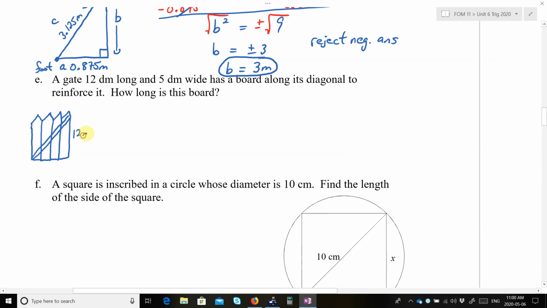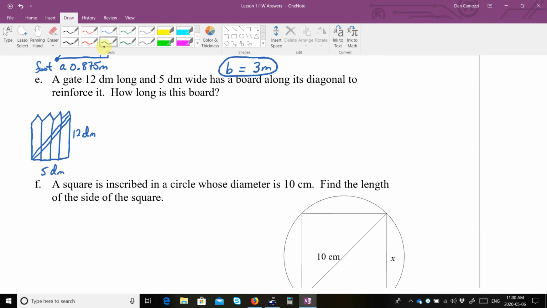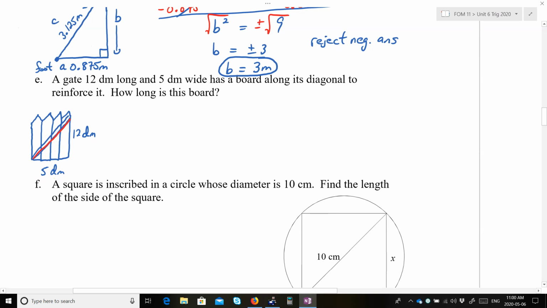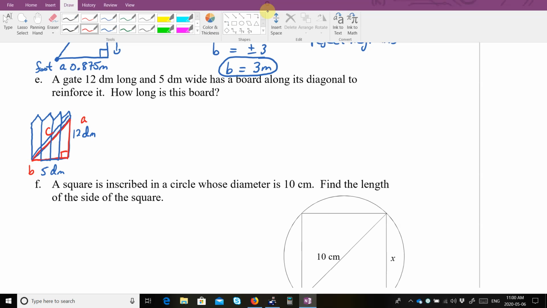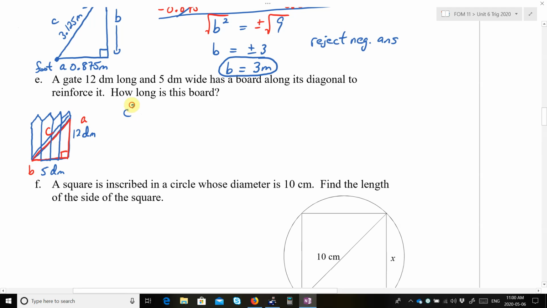So the 12 decimeters would be here, and 5 decimeters wide, and it has a board along its diagonal to reinforce it. So we're trying to figure out this length right here. There's our 90-degree triangle. So this is C, this is A, and this is B. So I would go C squared is equal to A squared plus B squared.